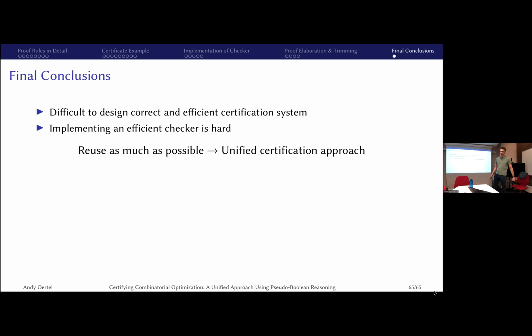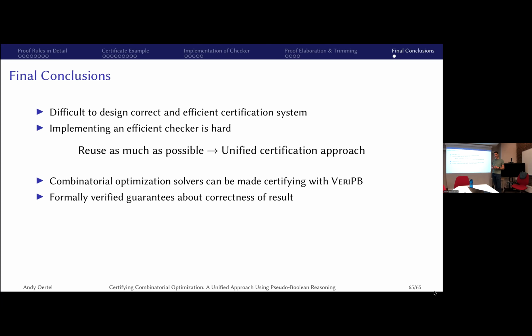It gets us to a unified system where we just reuse the same checker for all problems that we have. With VeriPB, we can do this for a lot of combinatorial optimization solvers, and we even get formally verified guarantees of correctness of the results. And that's all for this talk.